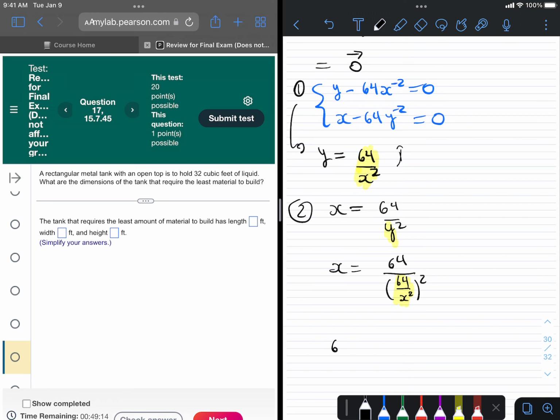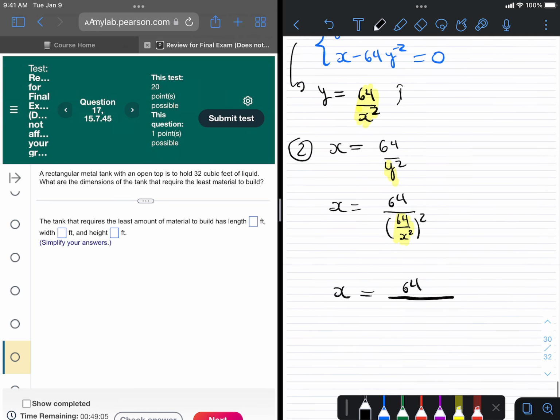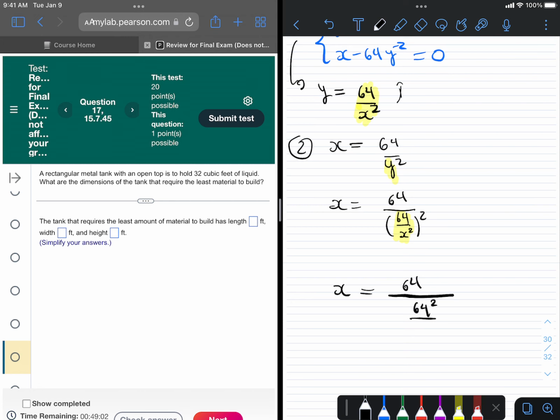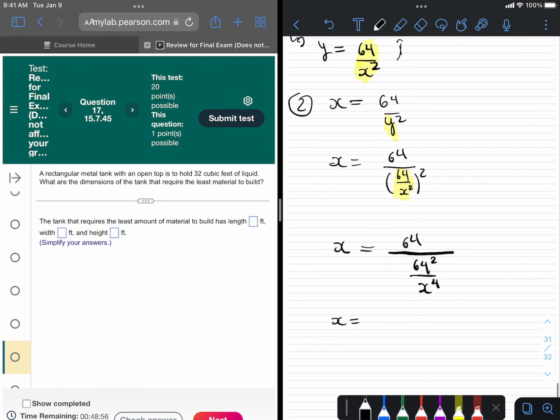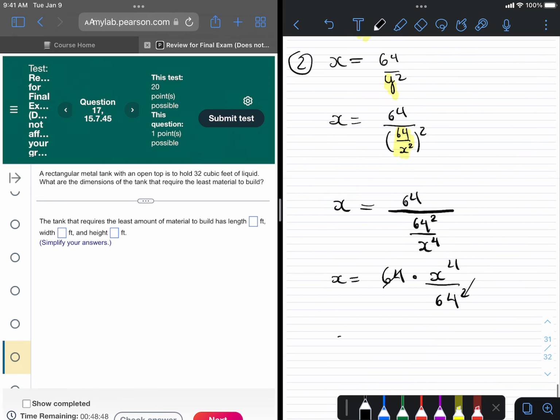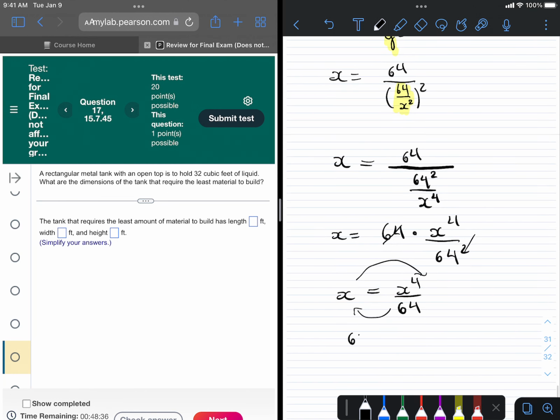This will be 64 over a big fraction, 64 squared over x to the fourth. To divide fractions, you multiply the first one by the reciprocal of the other. So you end up with x equal to x to the fourth over 64. So I could multiply by 64 and divide by x to get 64 equals x cubed.